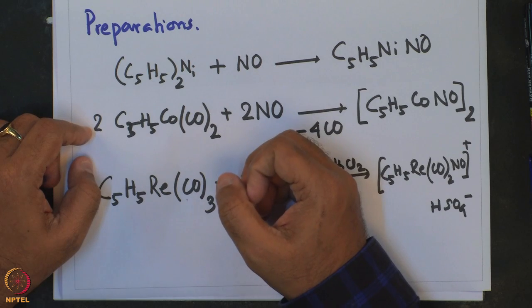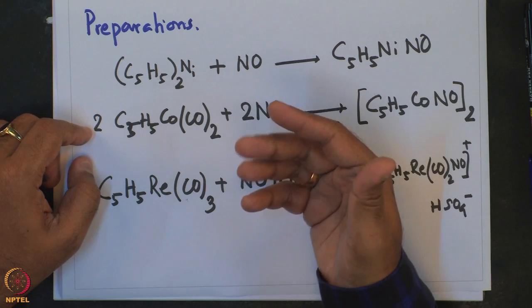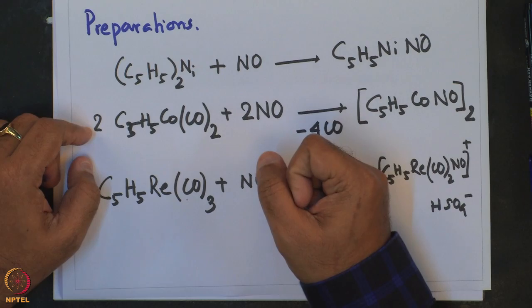So, what does that indicate? It indicates probably that NO can successfully replace carbonyl, in the sense that it probably binds more strongly than carbonyl.